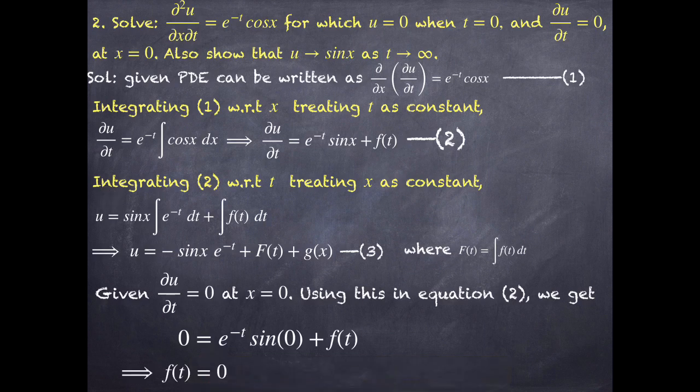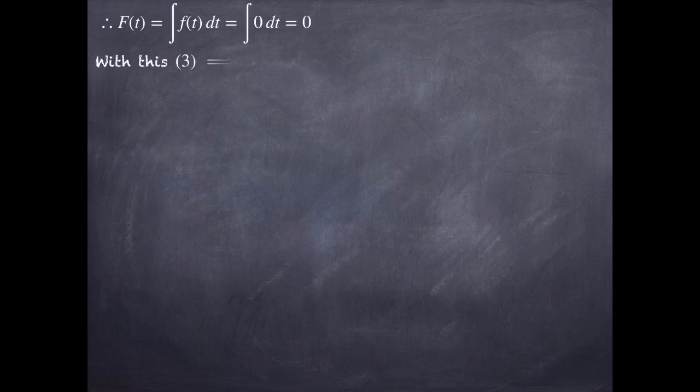I am substituting ∂u/∂t = 0 and x = 0, so sin 0 vanishes, therefore f(t) = 0. Using this value, capital F(t) also will be 0, since the integral of 0 is 0. Substituting this in equation number 3, we get -e^(-t) sin x + g(x).